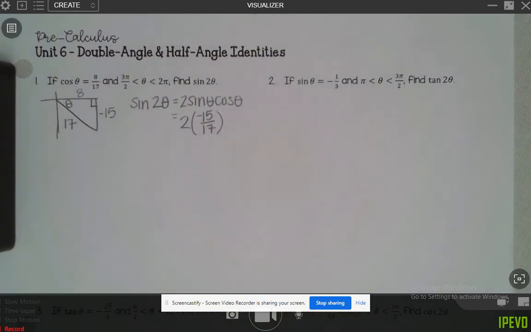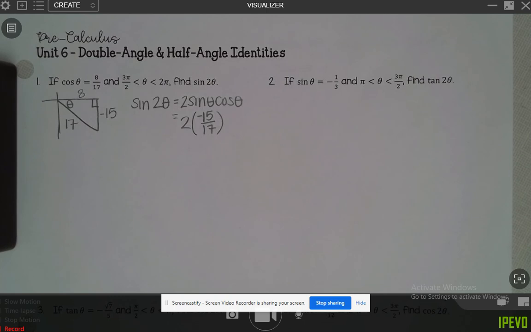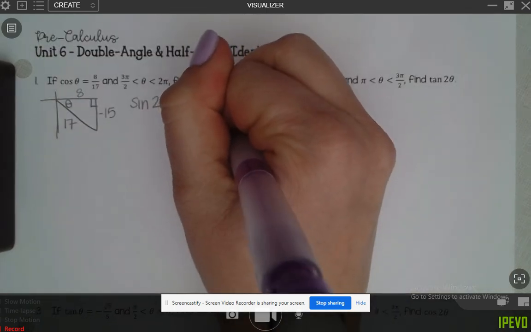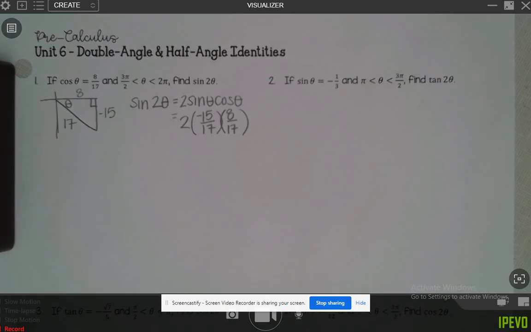What's the cosine? That's 8 over 17. Since it's all multiplication, there's not a lot of adding and subtracting in these. I would suggest you get a calculator. Tyler, you don't have a calculator out back there, do you? Good.